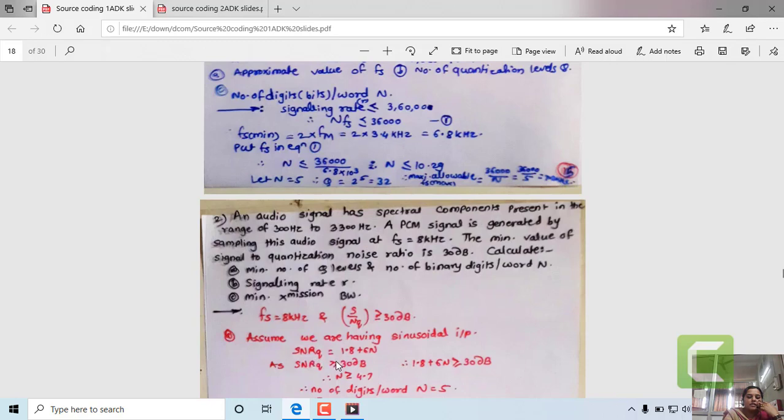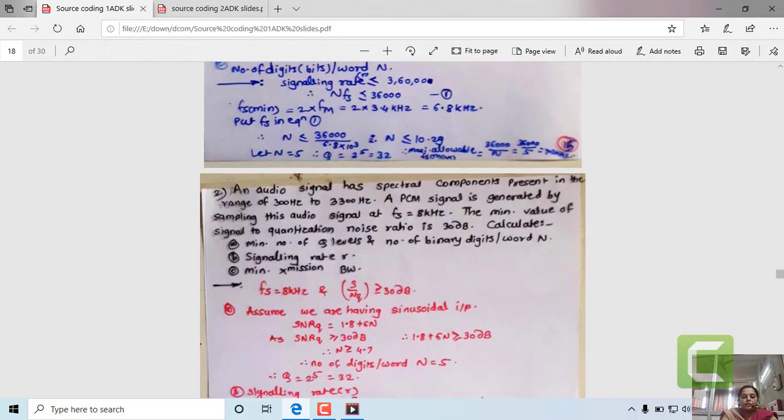The SNR, we are saying, will be greater than or equal to 30 dB. So let's substitute this 30 dB in place of SNR. We can get the n value, which should be greater than or equal to 4.7. N is the number of bits per word, which will be an integer value. So 4.7 should be rounded to the nearest value, 5. N will be assumed to be 5.